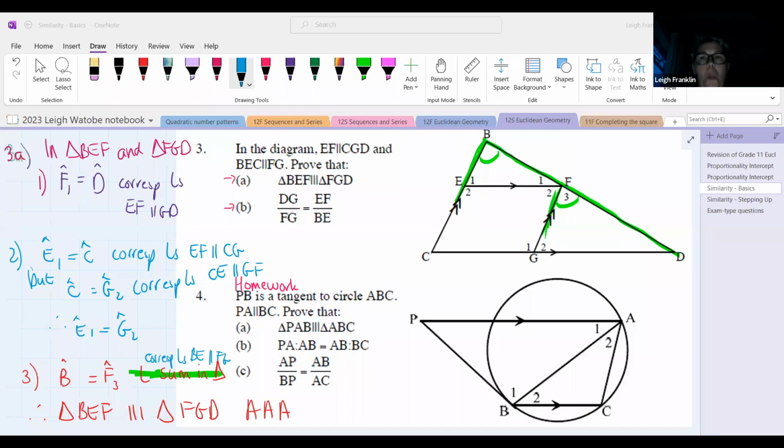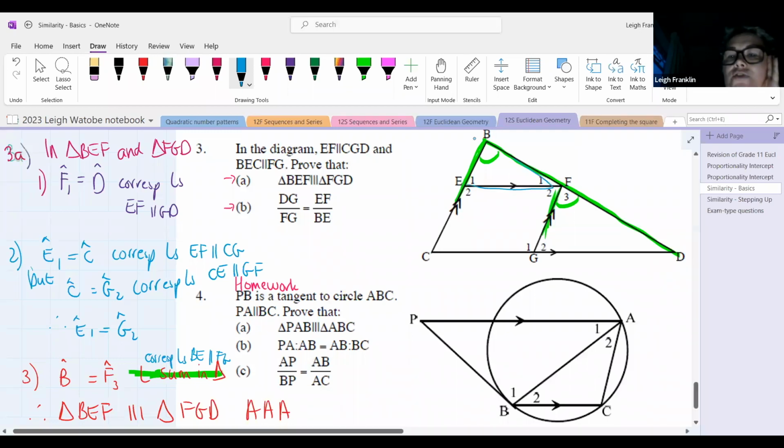Hi, ma'am. Can you hear me? I can hear you, Lesedi. Please ask away. Can we also say angle F2 is equal to angle G2, alternate angles, because EF is parallel to GD? We can, but angle F2 is not inside one of the two triangles that we're working in.